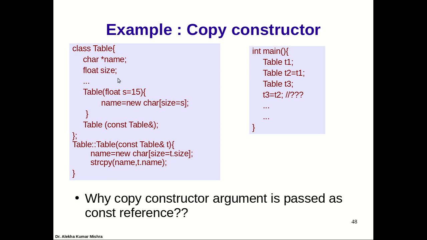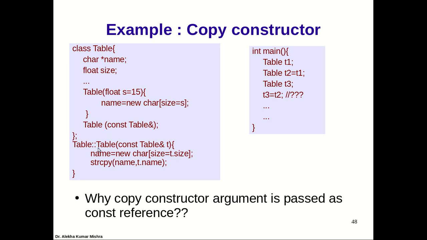So let's say table, and you see that we declared a copy constructor here and we're defining it outside. When we pass this object, because we have a pointer member here, we do not do a bitwise copy. We always allocate memory of some different size and then copy by using an explicit copying function.